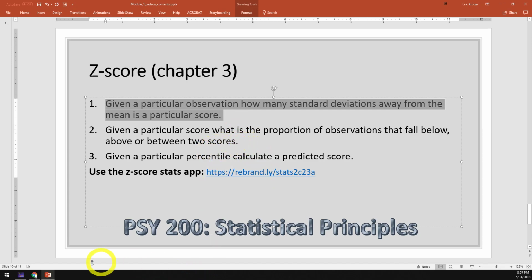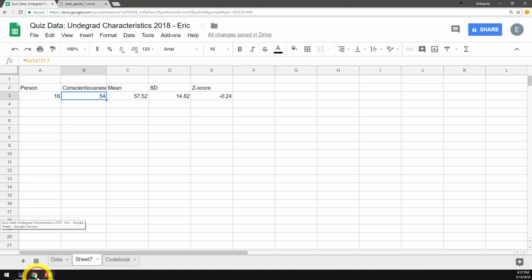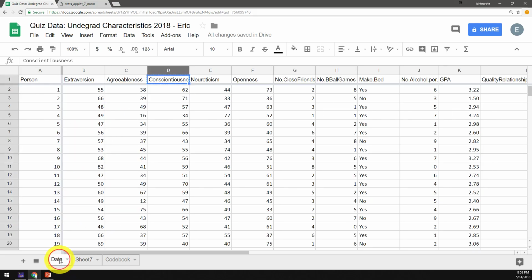So let's go back to the data set. We're going to stay with this conscientiousness, but we're going to pull a different person. And recall, if I pull down here, this is going to pull from the data set, should be person 17.